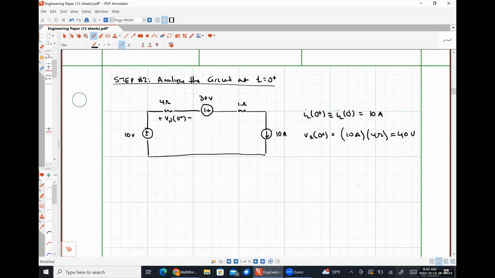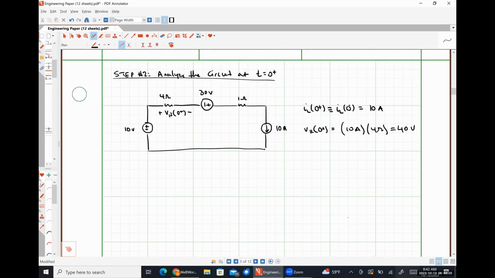All right. So now we analyze our circuit at t is equal to infinity. This is the first time we've had to analyze a circuit at t is equal to infinity.